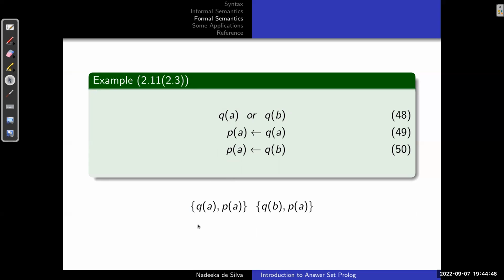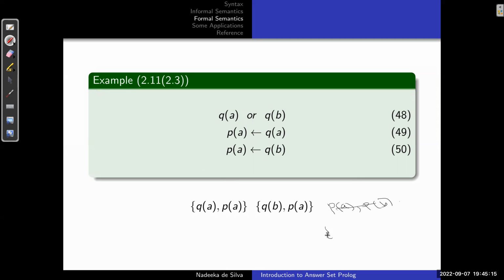I can have again PA and PB, sorry, QA and QB in the answer set, then it's not minimal because I can remove one of them.